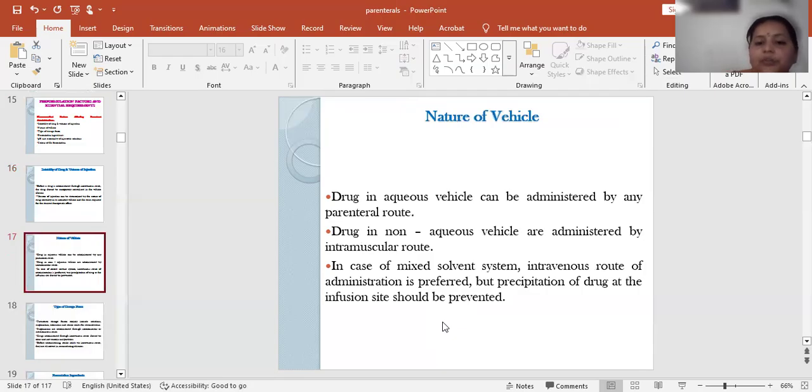And the nature of the vehicle: drugs in an aqueous vehicle can be administered by any parenteral route, and a non-aqueous vehicle is administered by the intramuscular route. In the case of a mixed solvent system, the intravenous route of administration is preferred, and precipitation of the drug at the infusion site should be prevented.